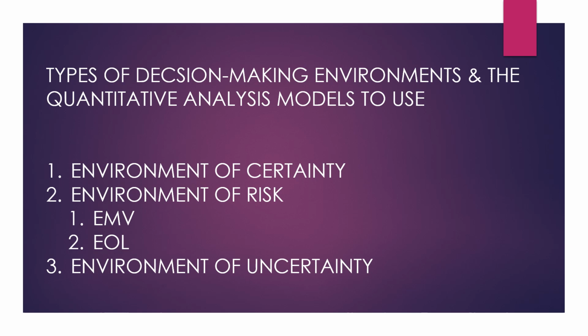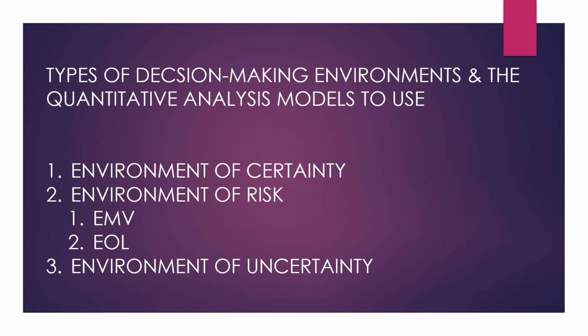So in the environment of certainty, it's simple. We just need to decide, if the favorable outcome will happen, which among the alternatives can give us the most benefit, and that is what we will do. For the second environment, risk, we have the EMV and the EOL.